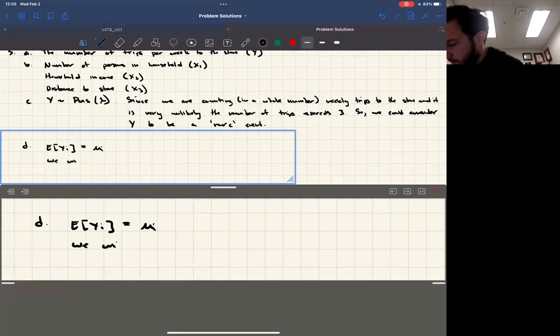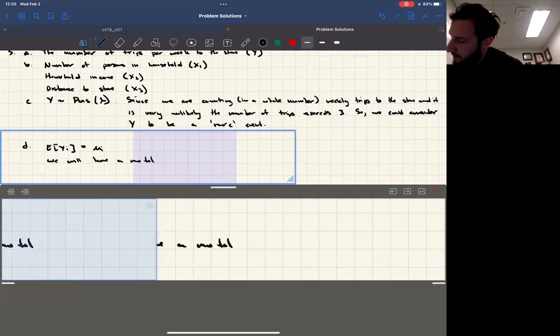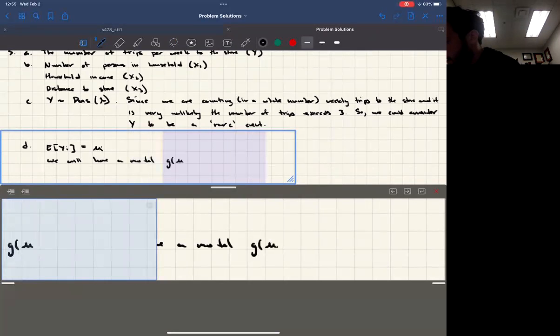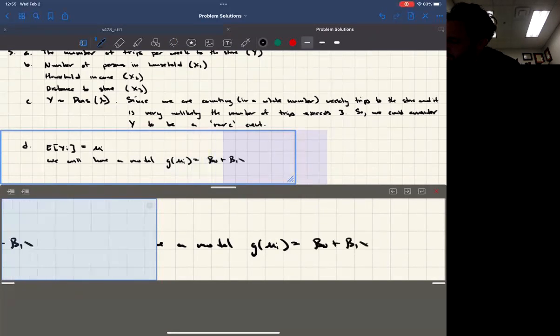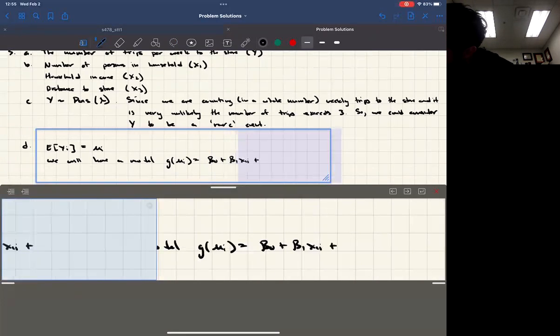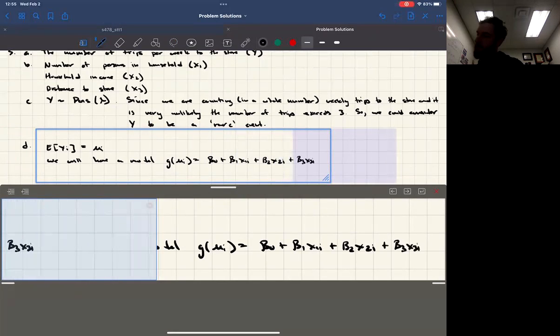We will have a model g of mu i is equal to beta 0 plus beta 1 x1i plus beta 2 x2i plus beta 3 x3i.